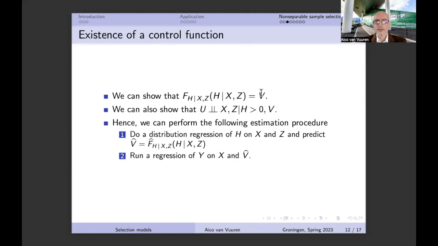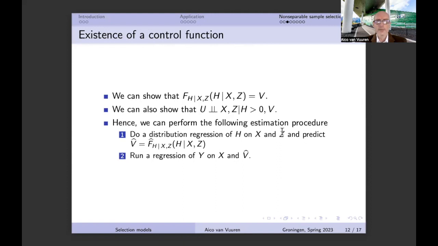We should realize that V of course again is unobserved. But as I already said, we can try to estimate this thing that we have here at the left hand side. And that gives us the following estimation procedure. First of all, we're going to do a distribution regression of h on x and z.